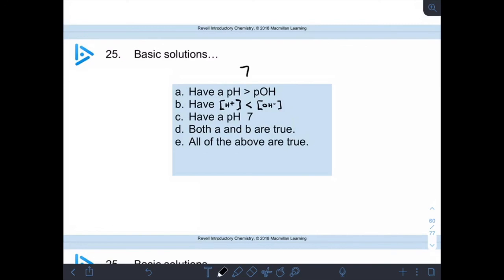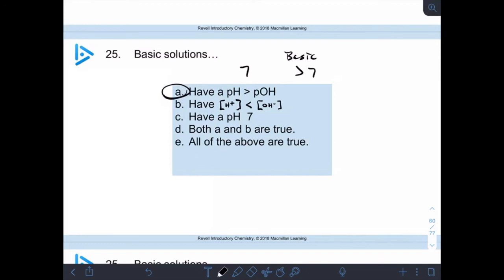Remember, if neutral is 7 and basic is greater than 7, right? So if the pH is higher than the pOH, right? Because remember, everything balances. The pH and the pOH balance just like the H plus and the OH minus.